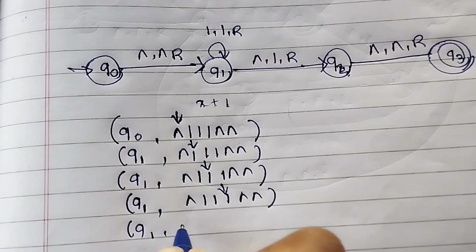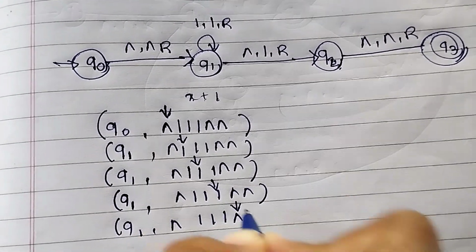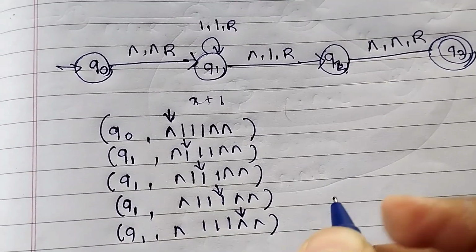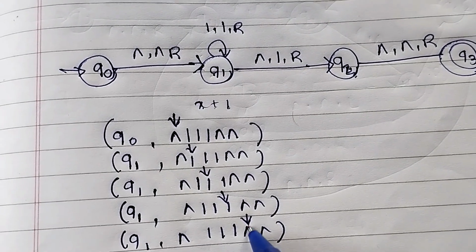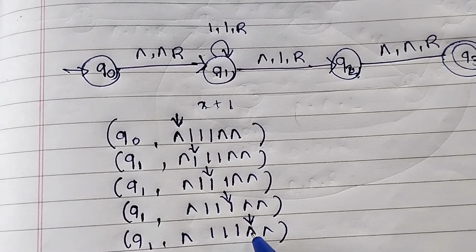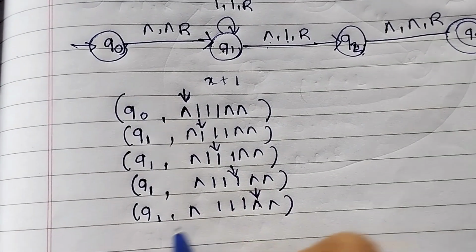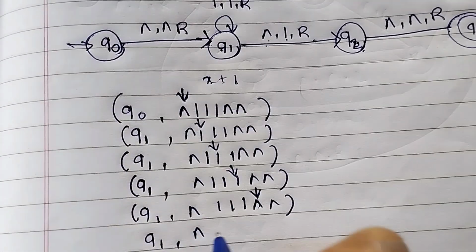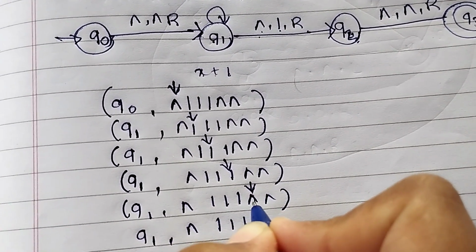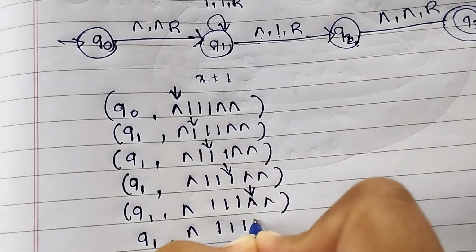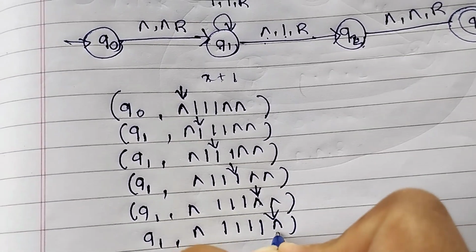So Q1 null 1 1 1, and now move to the left side and null, completed. In the Q1 state, if you read the null value, then convert this null value to 1. So Q1 null 1 2 3, and now this null value we converted into 1 and this null as it is and move to the right. So now we are here.